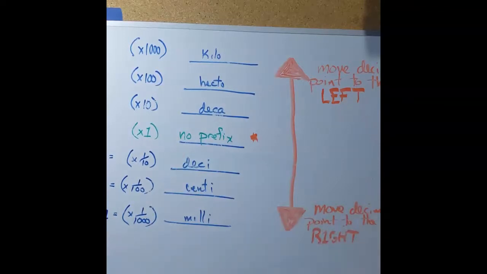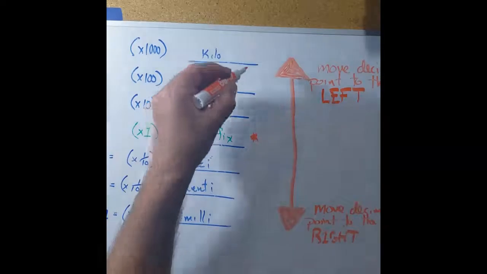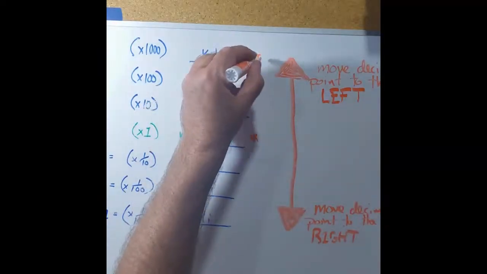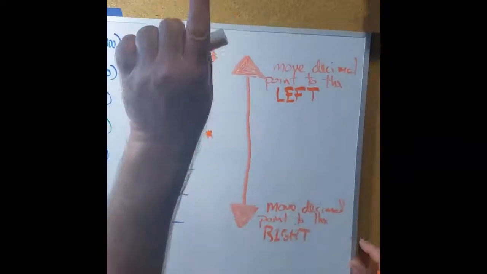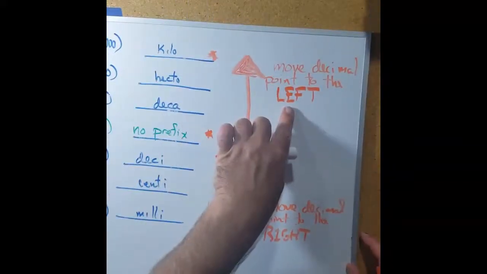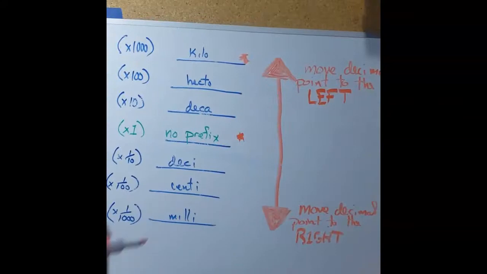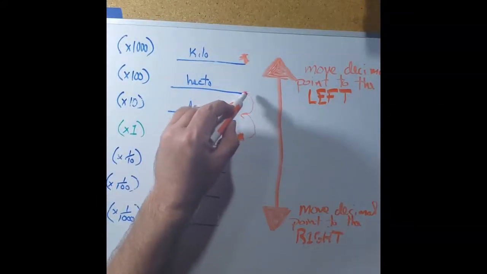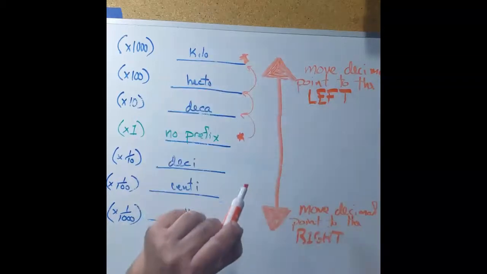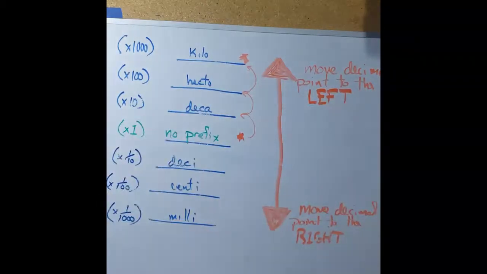And we're asked to convert to kilometers. Kilos up here, so we're going to want to go from here to here. So we're moving up this ladder, so we're going to be moving the decimal point to the left. And we're jumping up 1, 2, 3 rungs of the ladder, so we're going to move the decimal point 3 points to the left.